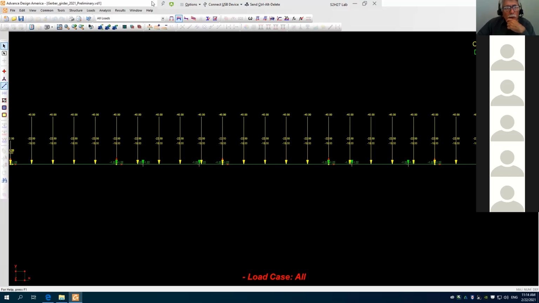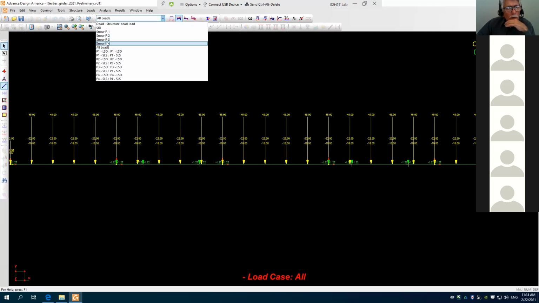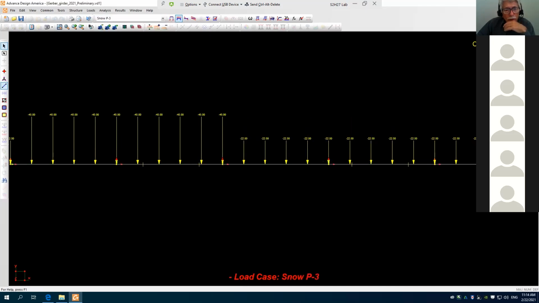Yes. If we go to loads here, as far as P3 goes, this is what I did for P3. I put 100% on the first two spans, and the last 45 should be on the next span over, on this one here. And I believe it would stay as a 45.